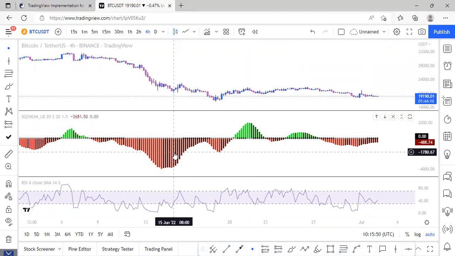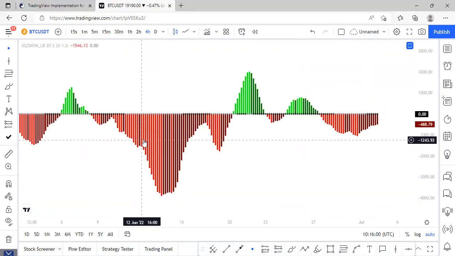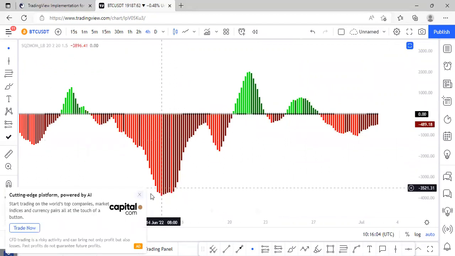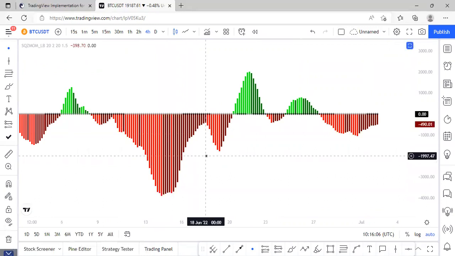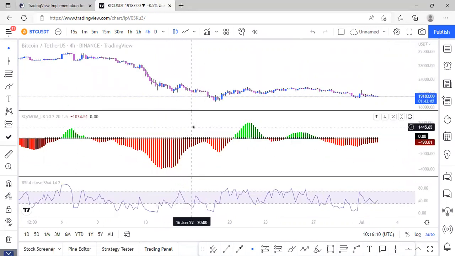As well as here, when we have it in thick red, it's indicative of a strong bearish move. And then when we have some black colors coming up on the red, it is indicative that we have a slight change in market shift.